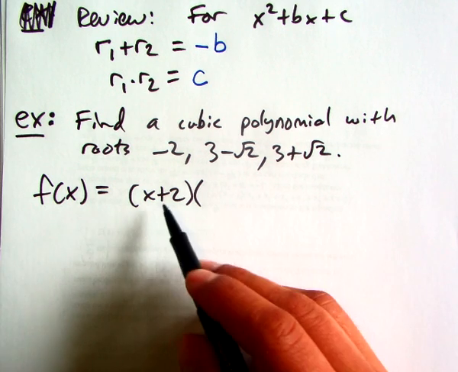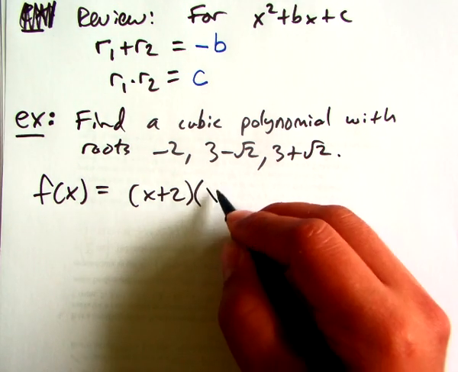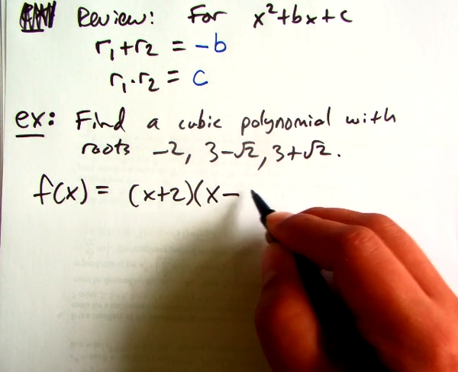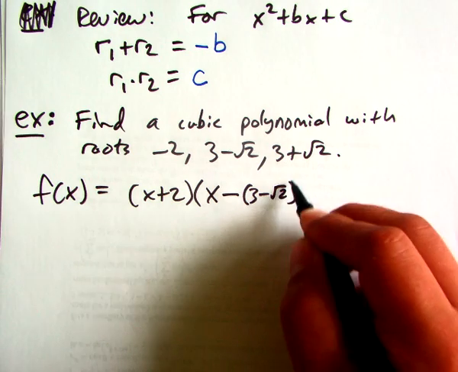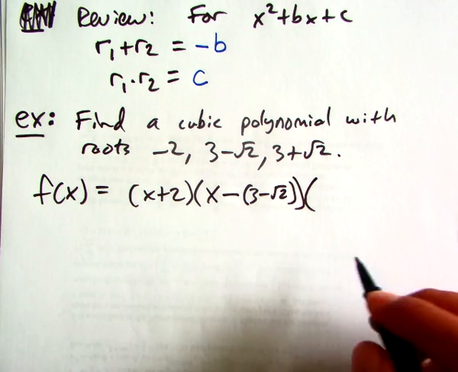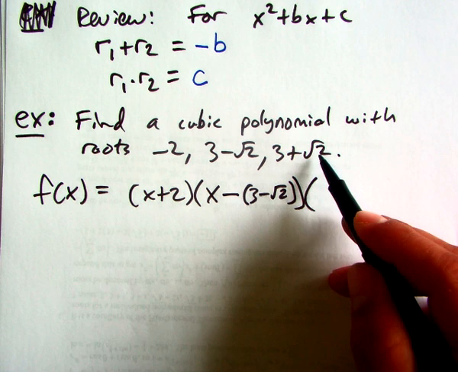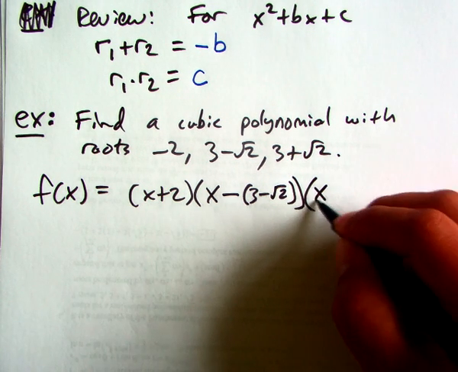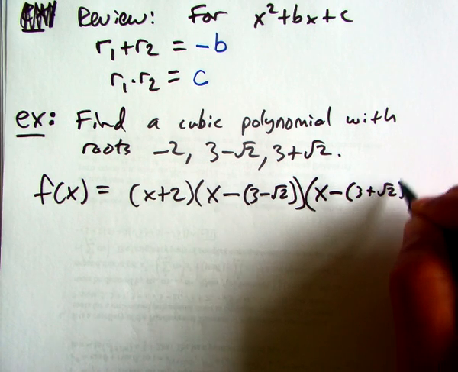So if 3 minus root 2 is a root, then what else is a factor? x minus (3 minus root 2). And if 3 plus root 2 is a root, then what's the other factor? x minus (3 plus root 2).